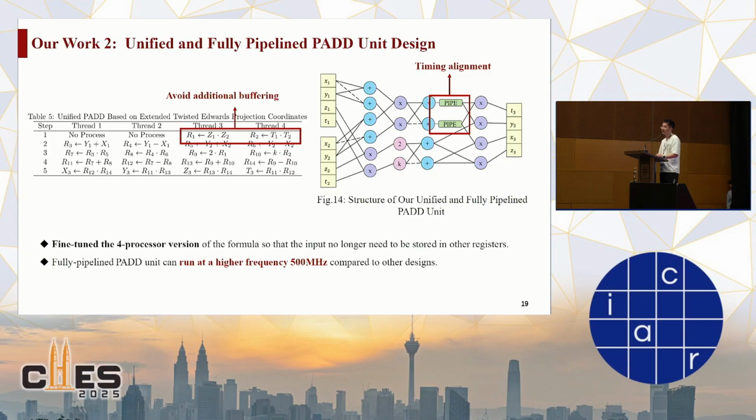Based on the algorithm, we have fine-tuned the 4-processor version of the formula, and some stages are placed in advance to avoid additional registers for buffering. The structure of our fully pipelined and unified point addition unit is shown in figure 14. Thanks to our efficient modular multiplier, it can run at a higher frequency.